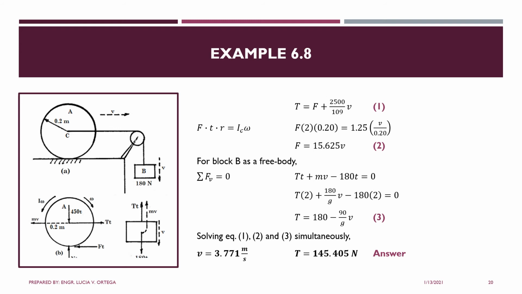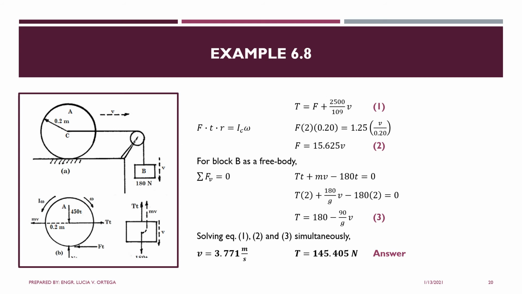For block B as a free body diagram, the tension in the cord, there's only one tension here, times time, plus mass times velocity is minus 180. The weight is against the motion. Or you can write 180t minus tension times time is equal to mass times velocity.